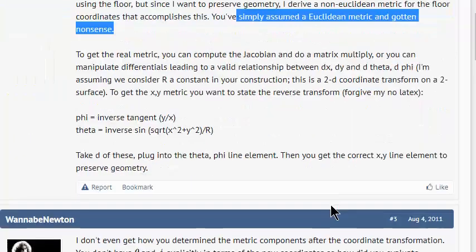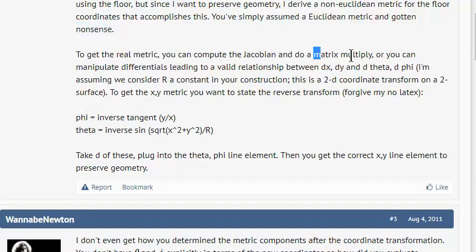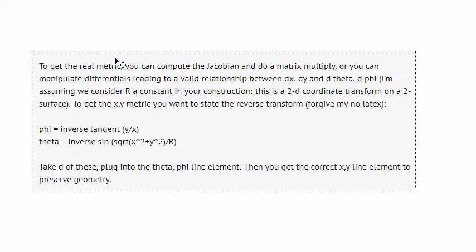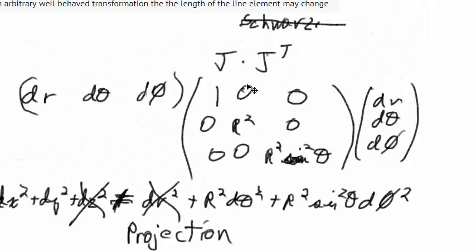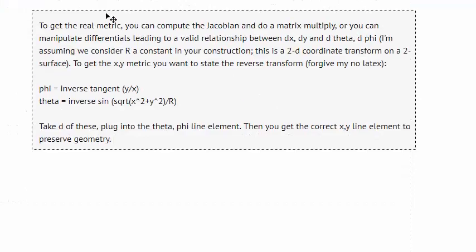And anyway, to get the real metric, you can compute the Jacobian and do a matrix multiply. Sure, and that's something that I suggested. That's what the real metric is right there, the Jacobian times the Jacobian transpose. Or you can manipulate differentials, leading to a valid relationship between the dx, dy, and d theta, d phi.